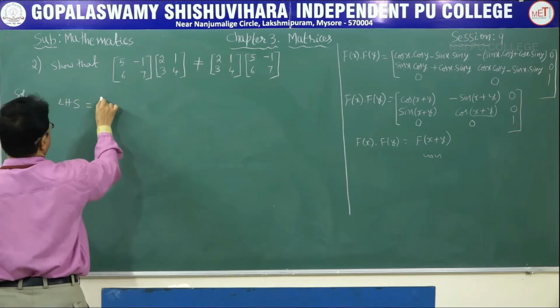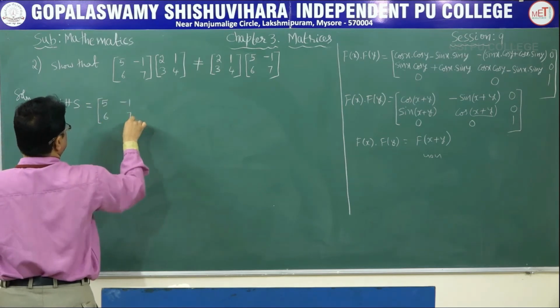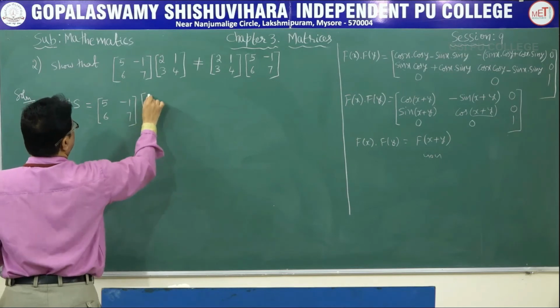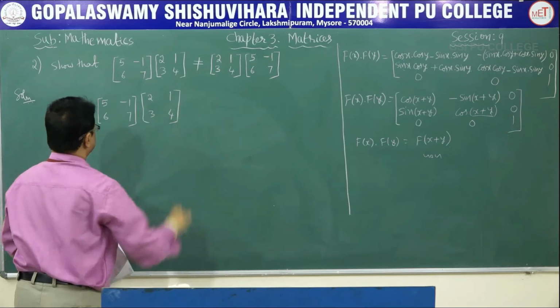So LHS equals [5 minus 1; 6 7] into [2 1; 3 4].